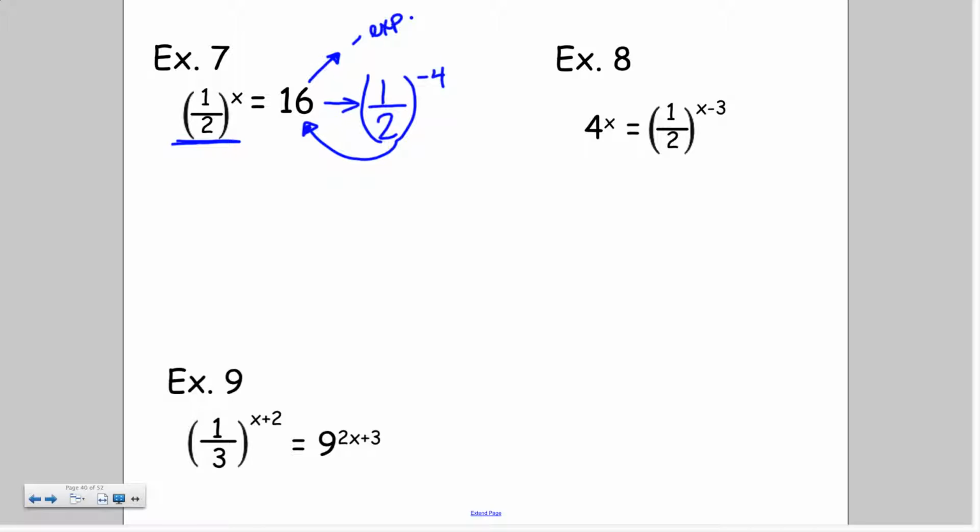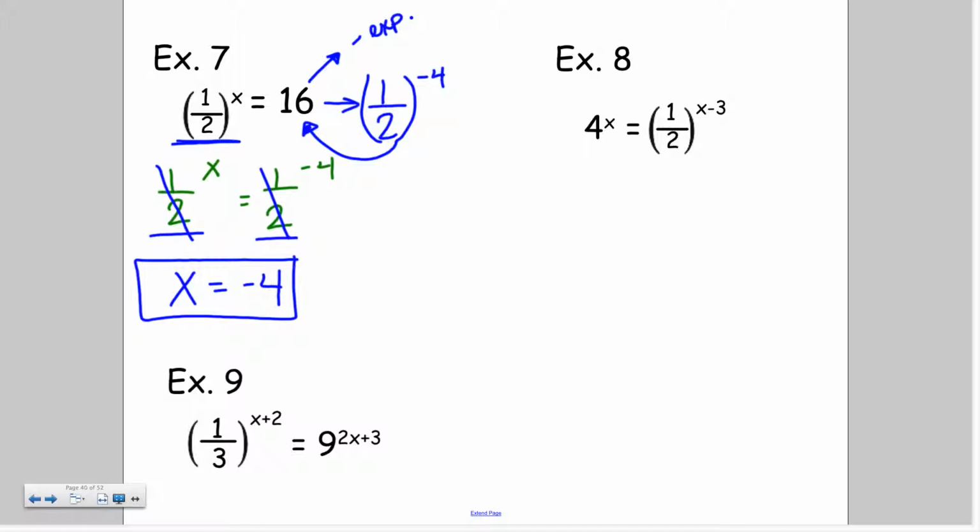Okay? So now we have 1/2 to the x is equal to 1/2 to the negative 4. Now my base is 1/2, and it matches on both of them, so I can cross that out. I'm going to be left with x is equal to negative 4.